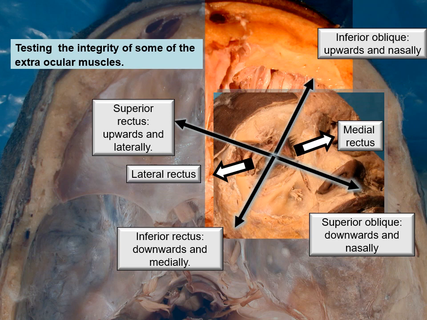If you ask the living patient to move the eyeball upwards and medially, or upwards and nasally, you are testing the integrity of the inferior oblique. If you ask the patient to move the eyeball downwards and nasally, you are testing the integrity of the superior oblique. Simple medial movement, if you ask him to simply move the eyeball nasally, then it is the medial rectus.